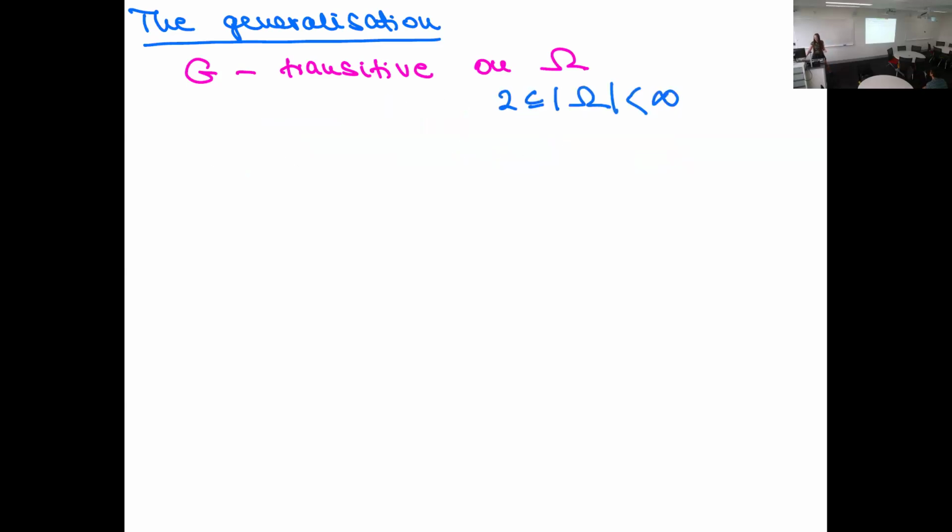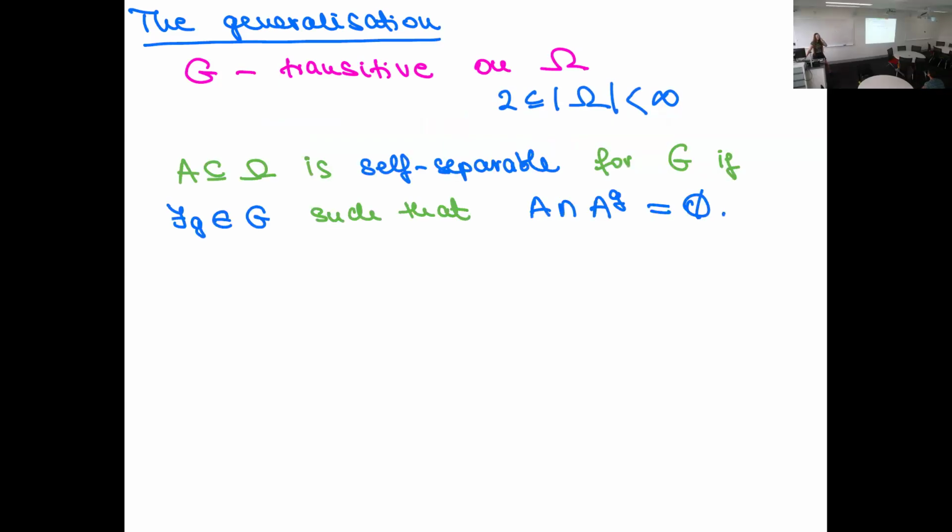Okay. So we also want our omega to be finite, and we want it to have size at least 2. And we say that a subset A of omega is self-separable for G if there exists an element of G such that this set A and its image under g are disjoint. So it's the same idea as before. It's just we don't have necessarily all of the permutations, we just have some of them. And then we say that it's not self-separable otherwise.